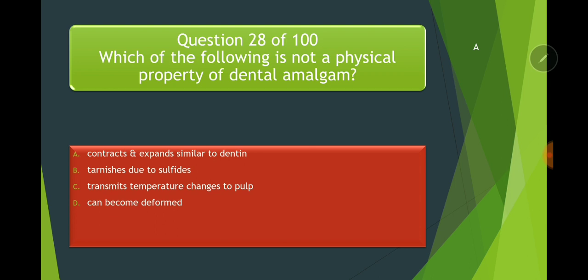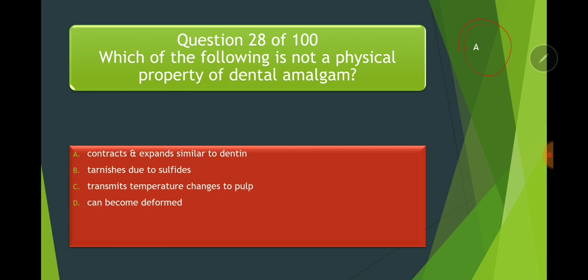Question 28. So which of the following is not a typical property of dental amalgam? So okay, so here the answer is already there. The answer is A. Okay, so contracts and expands similar to dentin. That's false. Remember, amalgam is a metal, so this one is false.